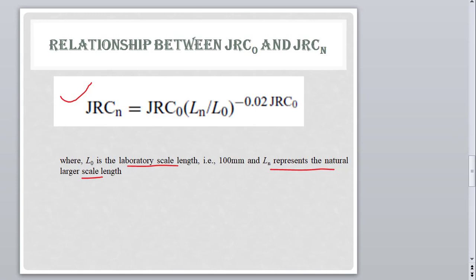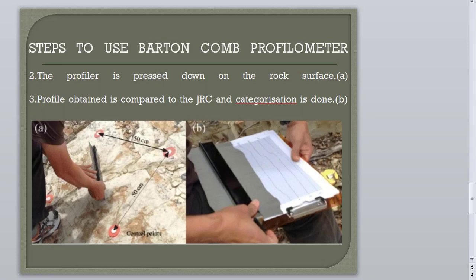How we can use the profilometer in the field, you can see in these photographs. We have to take the reference points like this and like this. We have to take at least 100 readings in two directions, and when the profilometer gives the profile, we have to match it with the standard Barton and Choubey 1977 profiles and classify the JRC with the help of this profile.